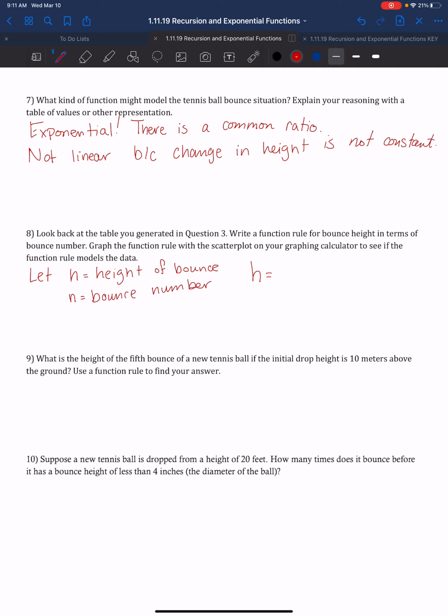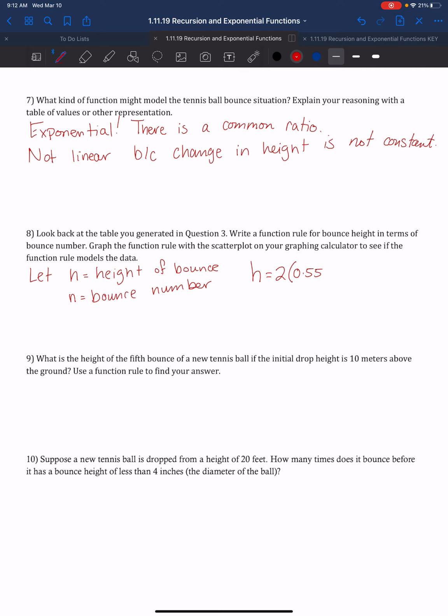Now something else we need to know is the original starting height. Well, we started at 2 meters, and we said that it is 55% of every bounce, after every bounce. So 2 times 0.55.